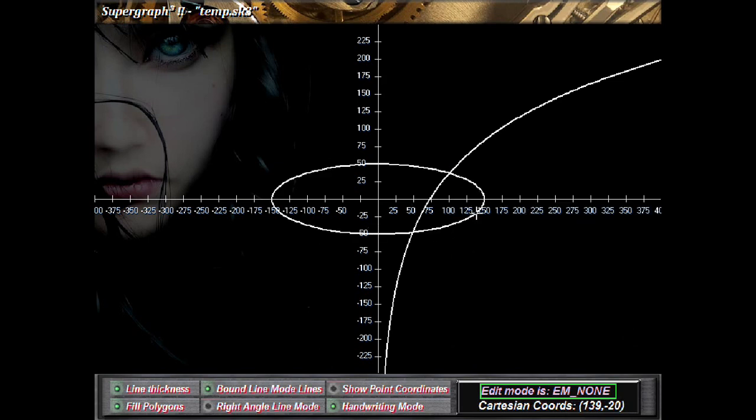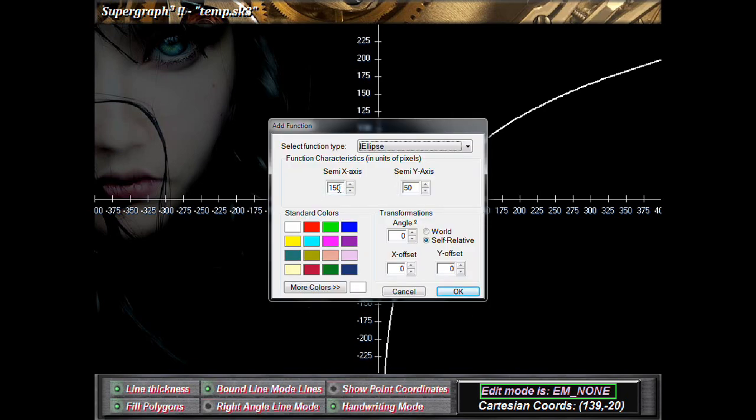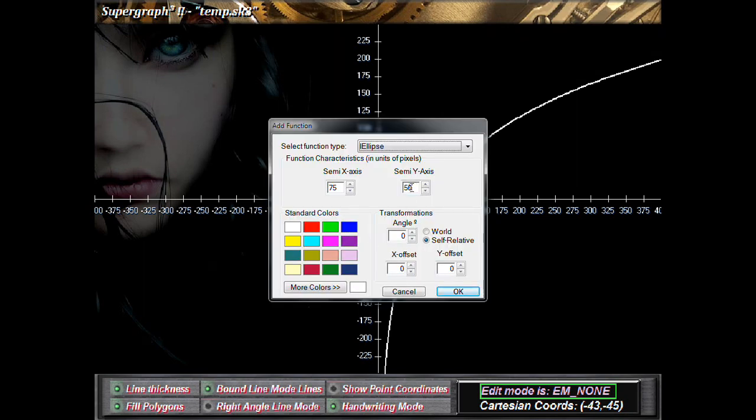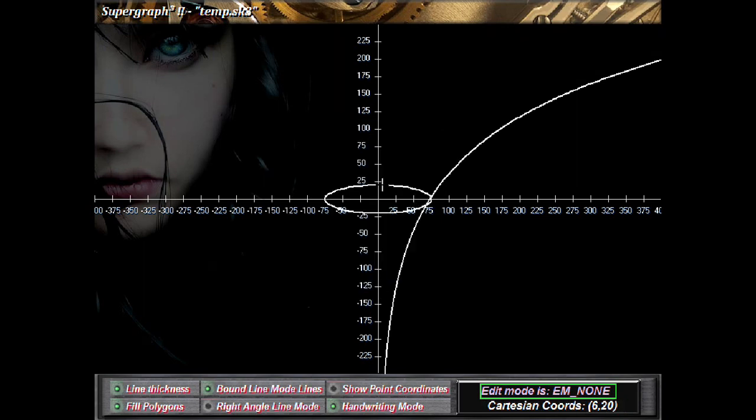Oh, no. 150, that's a double. I made it a little bit more skewed. Now, all I want to do is rotate this and be able to be looking at it from a different angle.